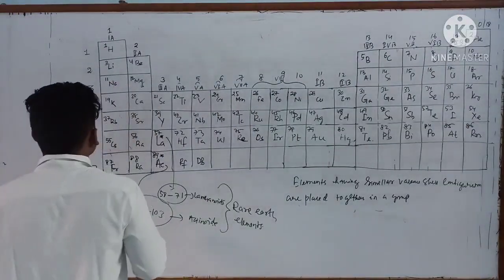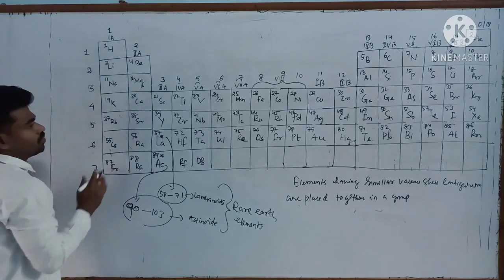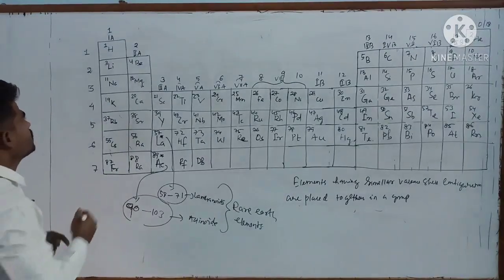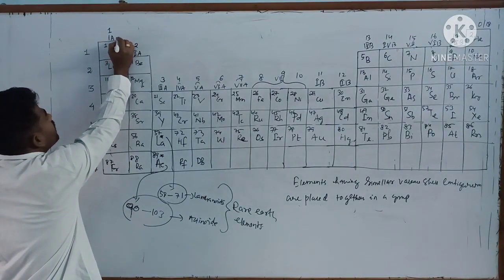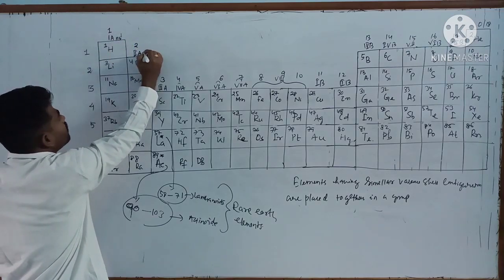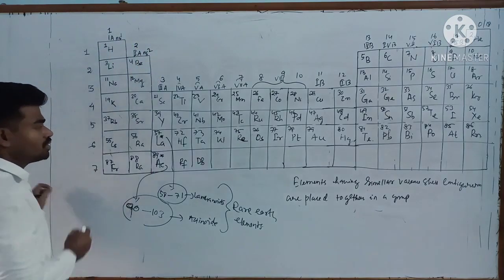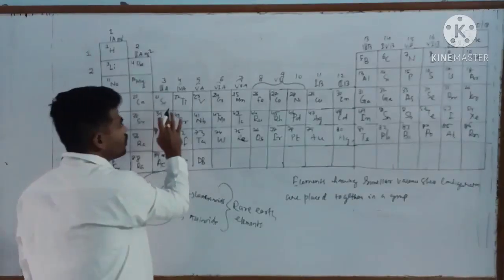So you see, this first group, known as alkali metals, has configuration ns1, and alkaline earth metals ns2. Is that clear?